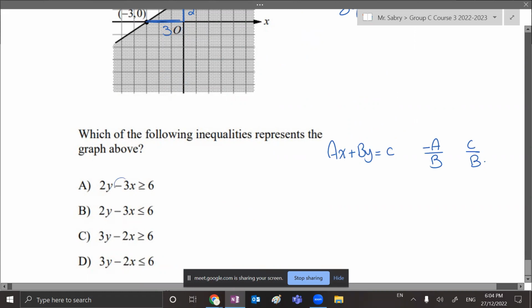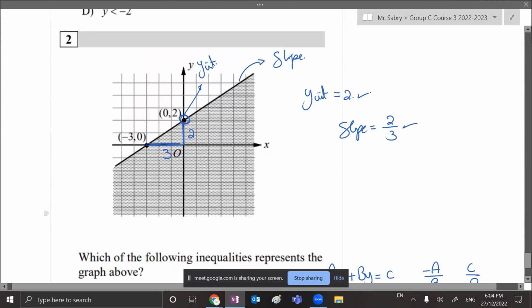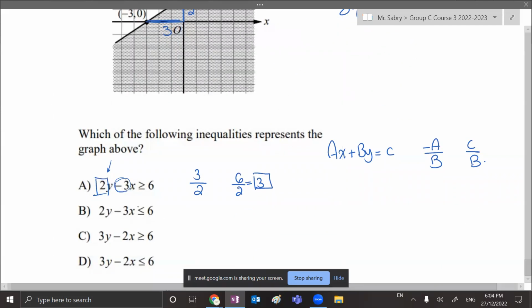So negative the number next to x, which is this negative 3, becomes positive 3, over the number next to y, which is positive 2. That's the slope. While the y-intercept is 6 over the number next to the y, which is 2. So I have the slope as 3 over 2, and I have the intercept as 3. Is the y-intercept supposed to be equal to 3? No, it's supposed to be equal to 2. So this one does not work.